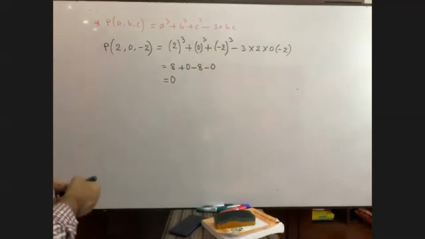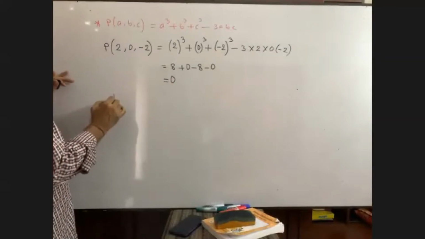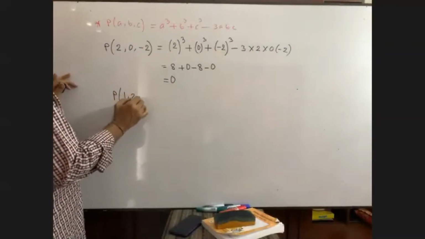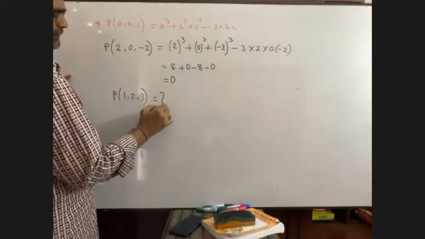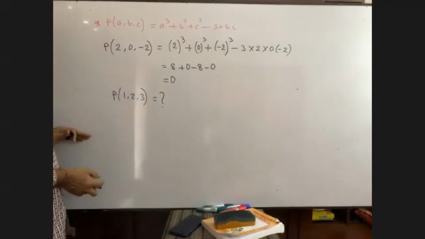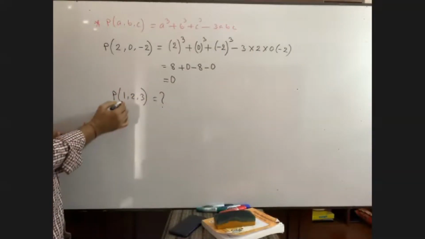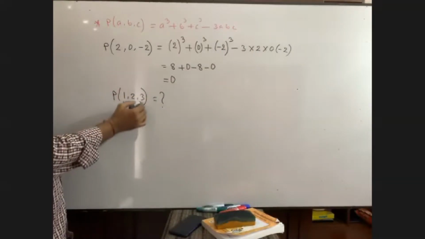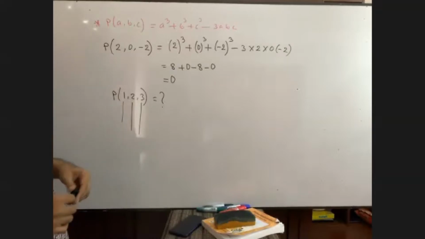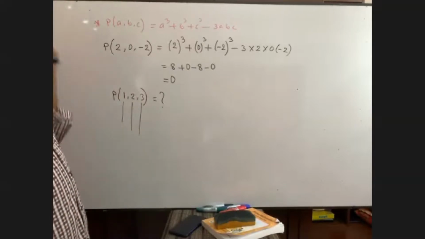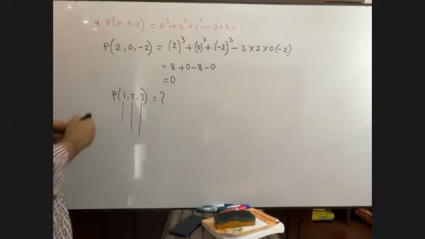Okay. Or any value can be given. Sir, find P of 1, 2, 3. Suppose this type of value can be given. I think you can, right? You have to just put the value for A equals 1, B equals 2, and C equals 3. Sir, do we have to put the values respectively? Of course.